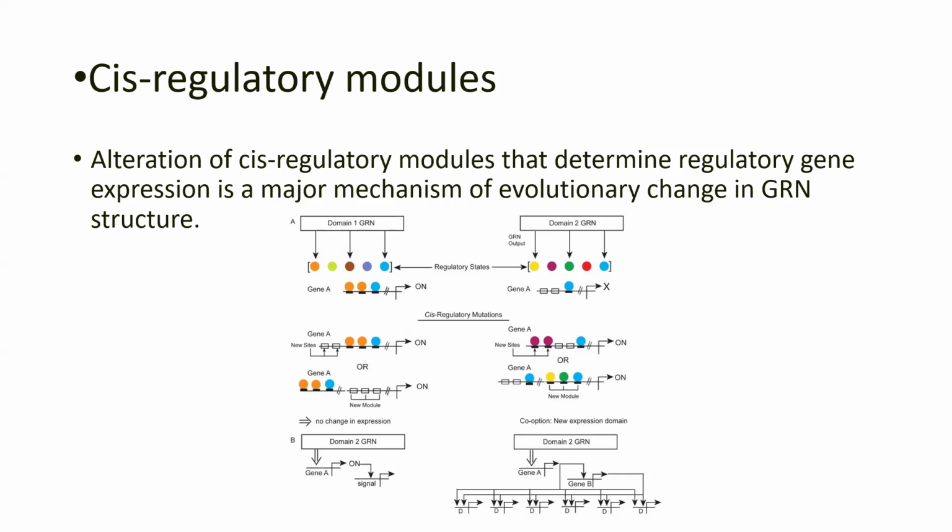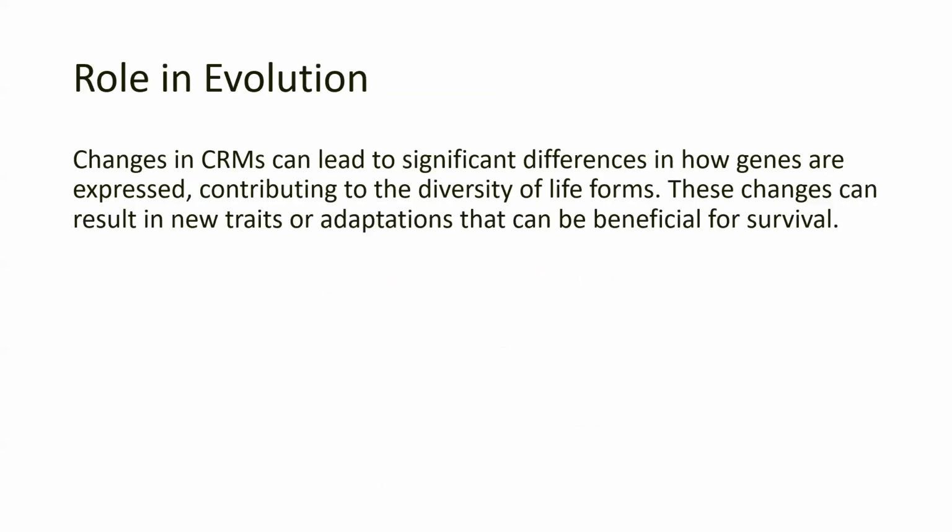And then you can see they're talking about mutations in the individual cis regulatory elements or the transcription factor binding sites and the consequences thereof. Based on mutations, even though you have the same environmental signaling on the right, because of mutations, you can still get the gene product. It overrules. Neat, huh? So you can see significant differences in how genes are expressed, contributing to the diversity of life forms. These changes can result in new traits or adaptations that can be beneficial for survival.